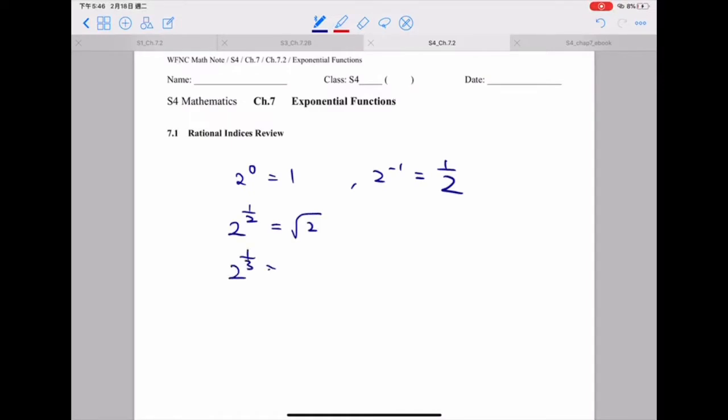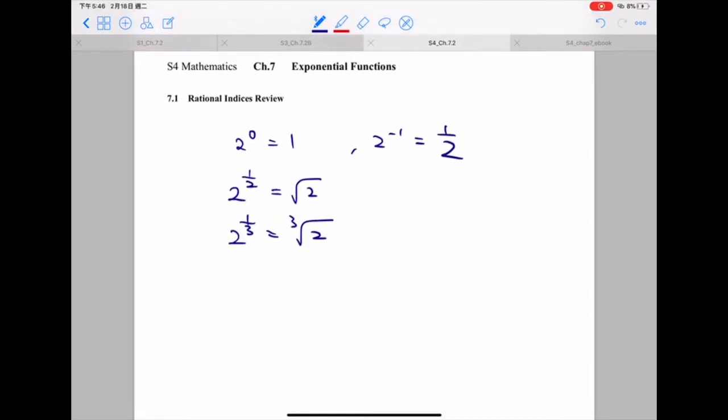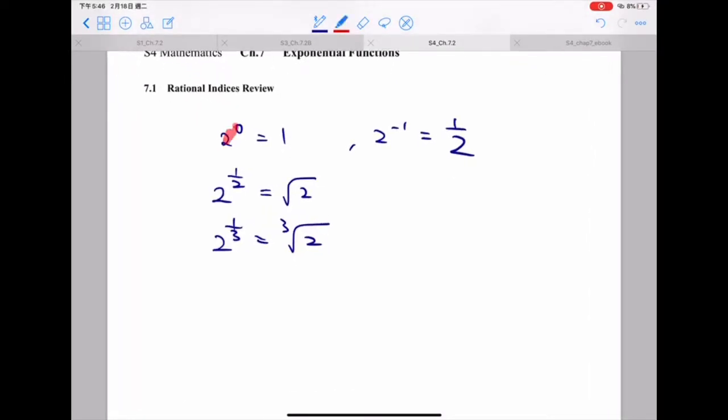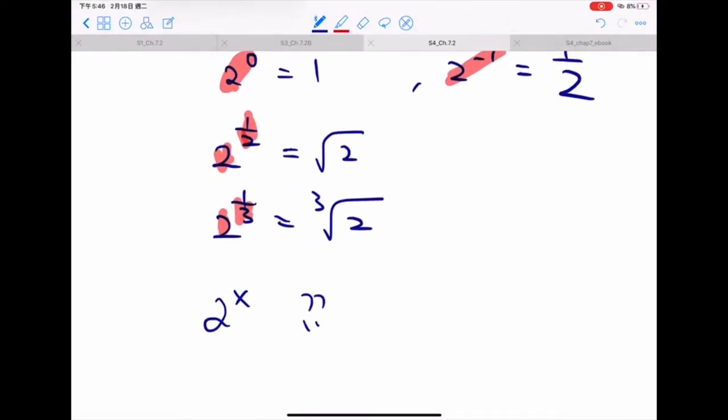If 1/4 of 3, it will become square root 3. If all these are numbers, we will know the answer for this. But how about if we don't know the index like this? What is it? So that's why we're going to explore further.